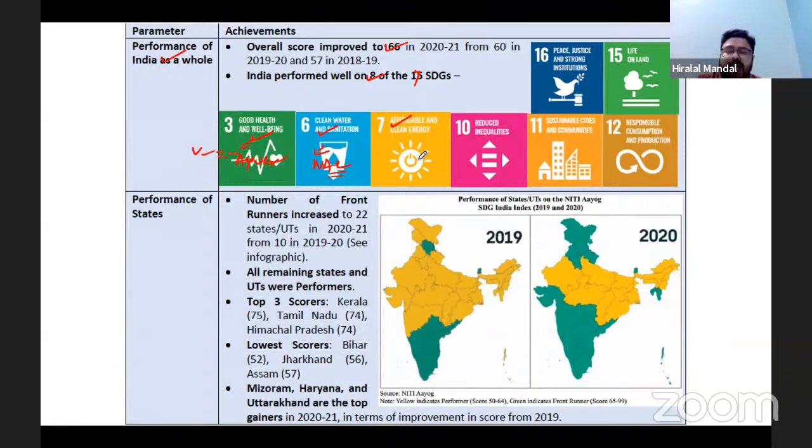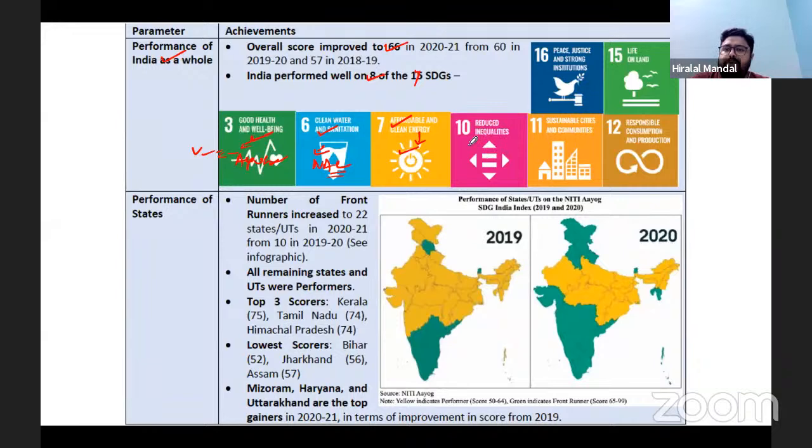Similarly, for affordable and clean energy, the government has done remarkable work with respect to the promotion of solar and wind energy in the country. In fact, we have met the target. When it comes to the renewable energy target, we have already met the target which was set for 2030.